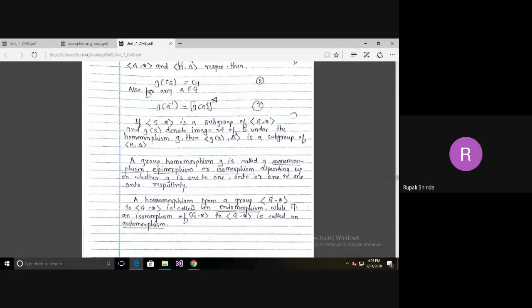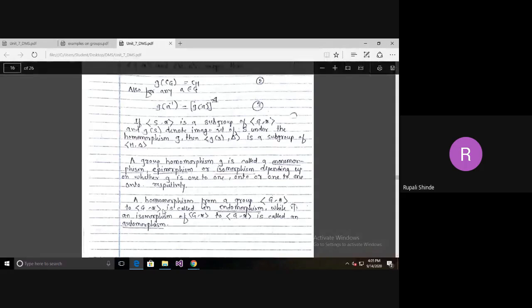Have you understood it? Do you have any doubt? Yes? Endomorphism and automorphism, repeat. Okay. For this endomorphism, you have to remember keyword as homomorphism, and for automorphism, you have to remember keyword as isomorphism.